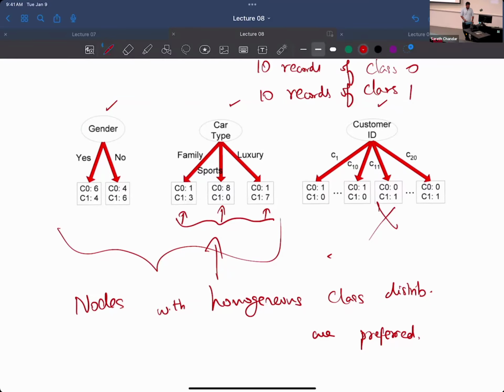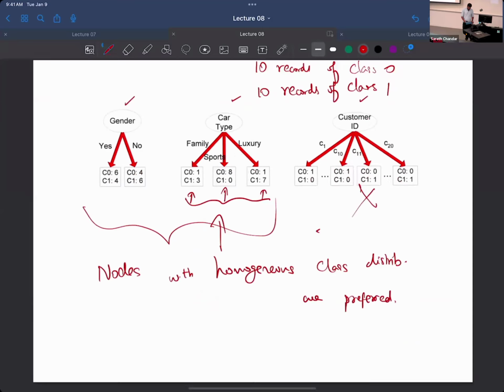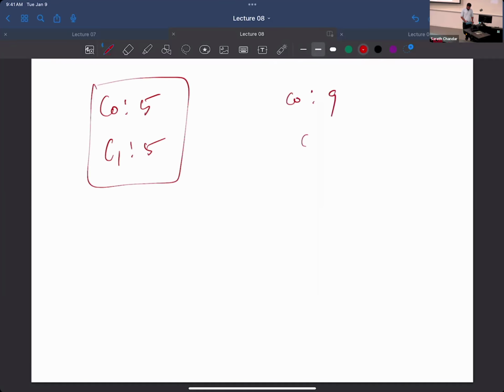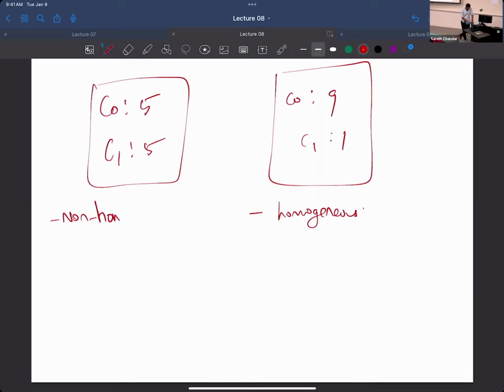Is that clear? So let's look at some examples. For example, let's say I have something like this versus something like this. In this case, the second example is more homogeneous, while this is not homogeneous. This is non-homogeneous because it's 50-50.